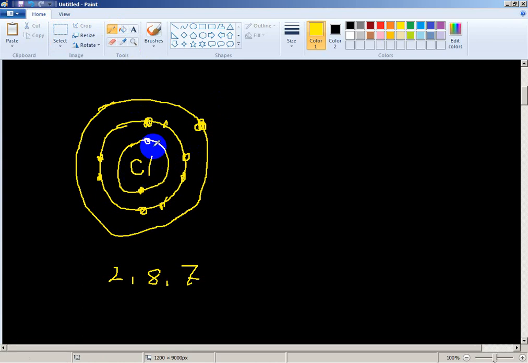So here 2, 8, and the third shell has 7 electrons. So chlorine is 2,8,7.